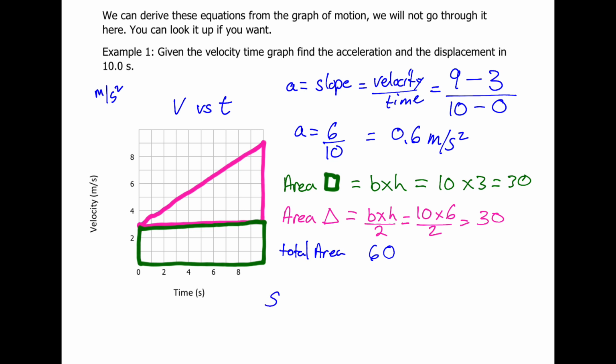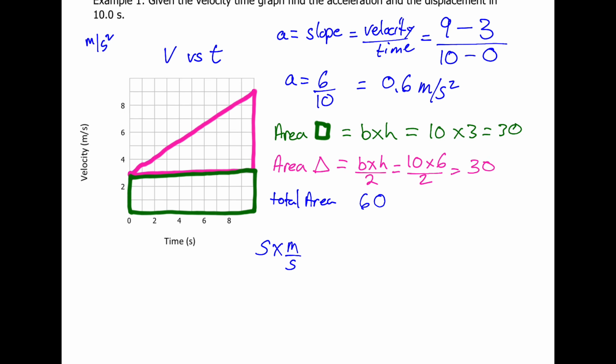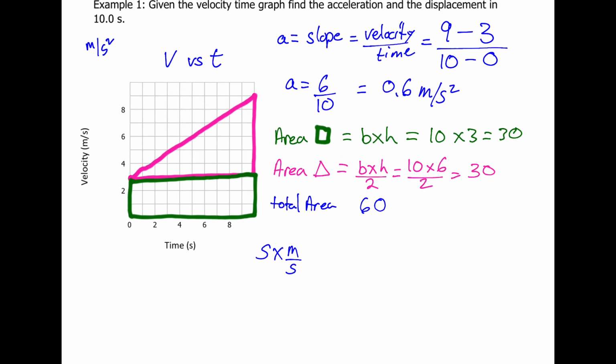Seconds multiplied by, what is the 3 measured in? It's measured in meters per second. What is seconds times meters per second? That equals meters. So what I've actually found here is 60 meters.